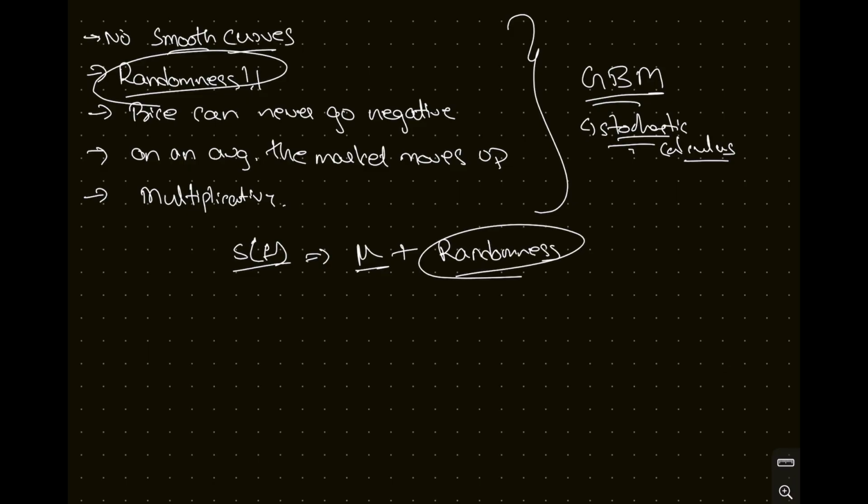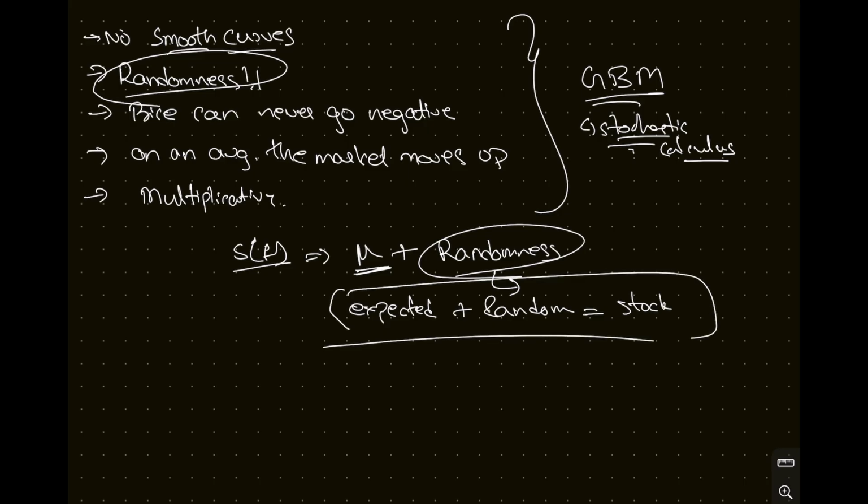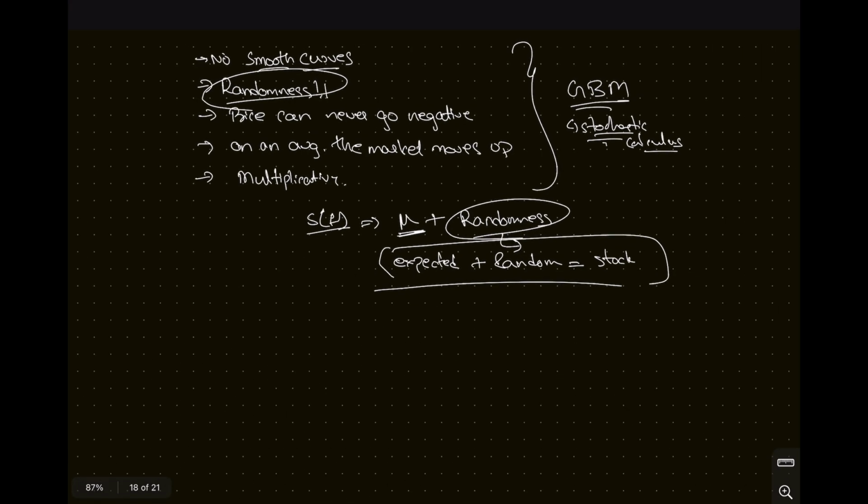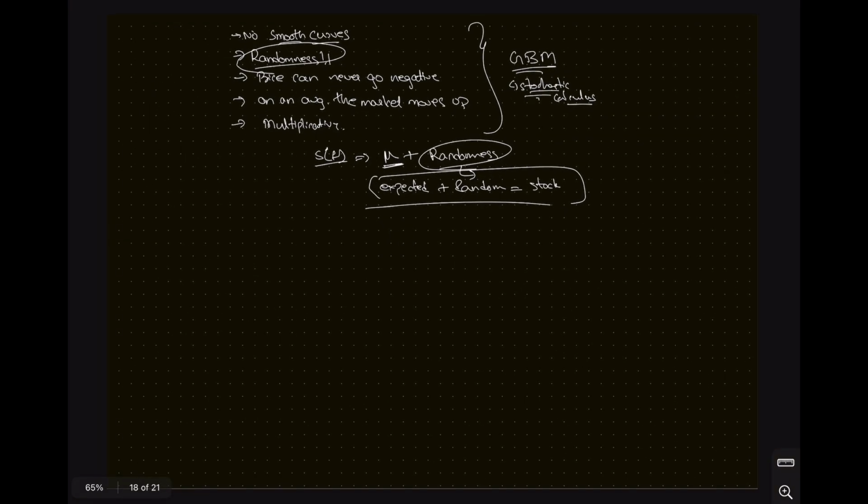The randomness is something that we cannot predict, but the drift is something we know. Basically the expected plus random, and this is how the stock price moves. So this is the basic underlying part that we're going to be using here, and it is multiplicative, as we know.